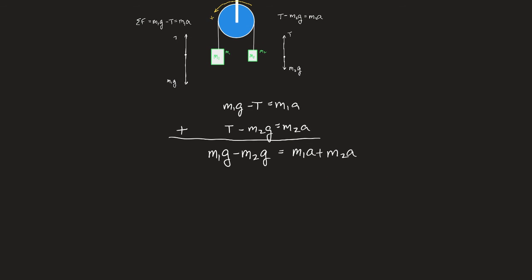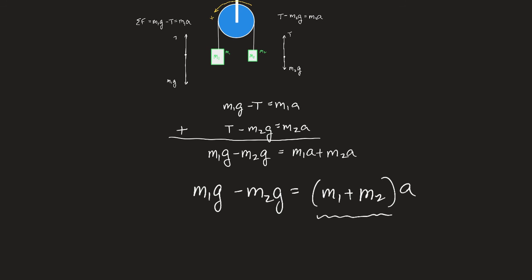I'm going to do one more thing, and that's just a factor. If you've done it correctly, you'll see the sum of the masses here. You'll see the acceleration, and you'll see the net force, right?